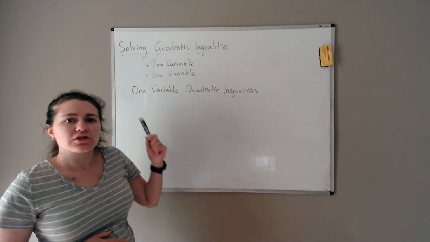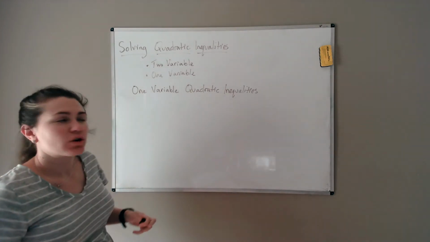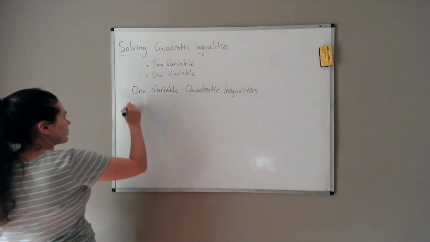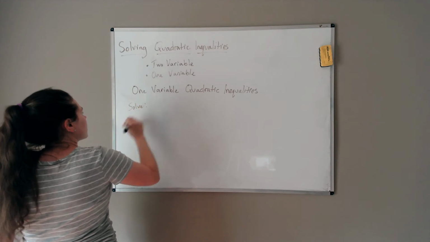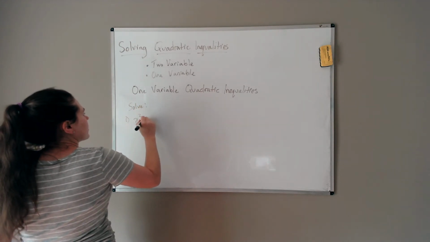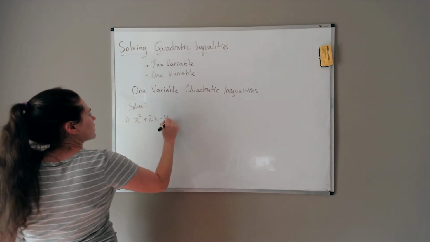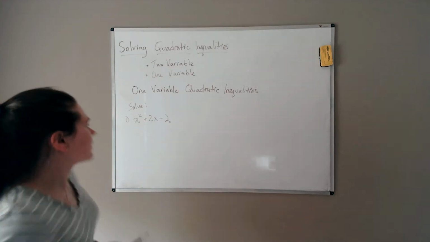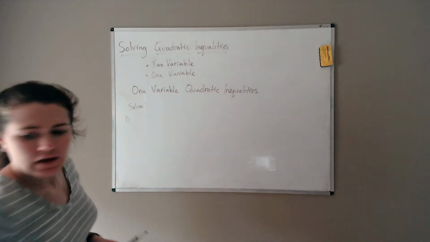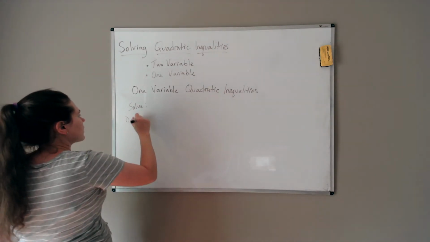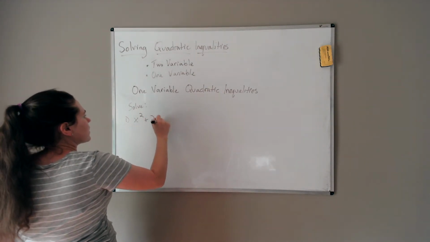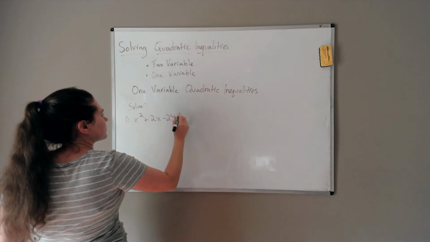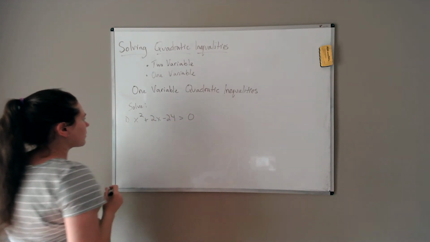So now we're going to talk about one-variable quadratic inequalities. So an example would be to solve x squared plus 2x minus 24 is greater than 0.